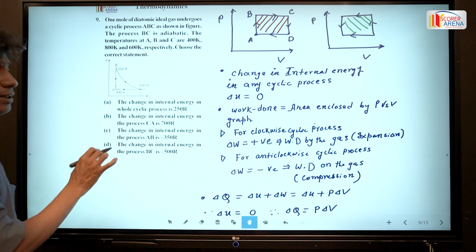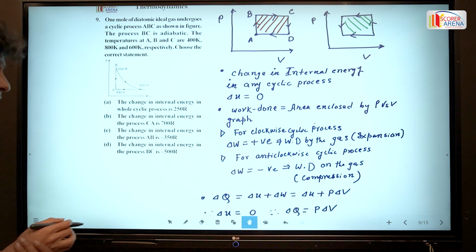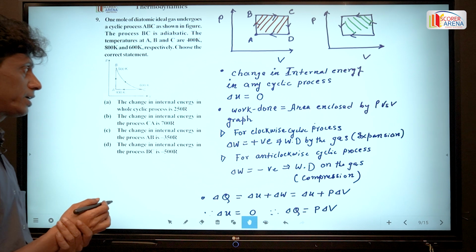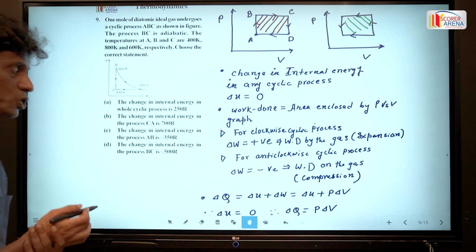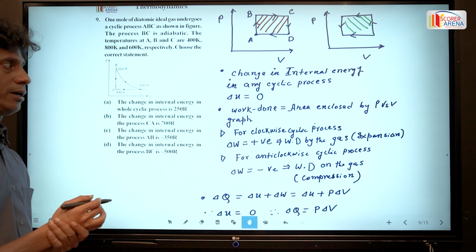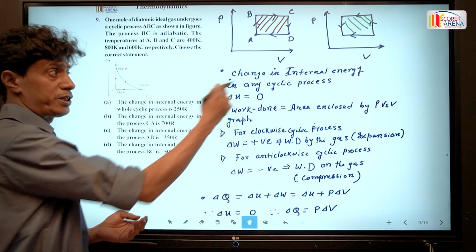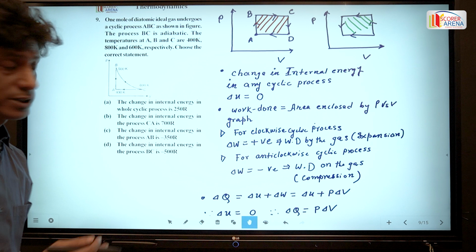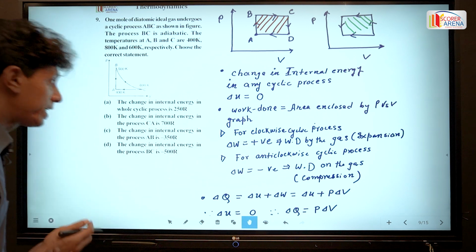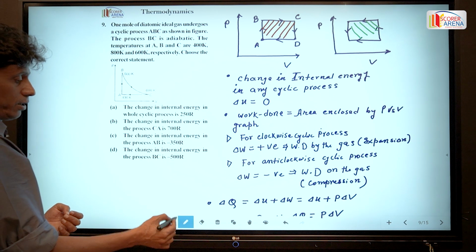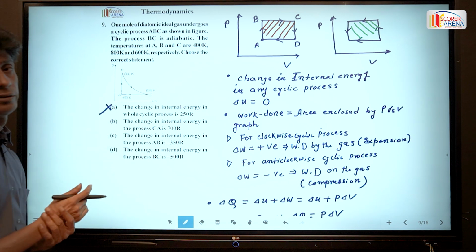We must check the options A, B, C, D. The first option is, the change in internal energy in the whole cyclic process is 250 R. But as per our concept, the change in internal energy in any cyclic process is always 0. So option A is not correct.